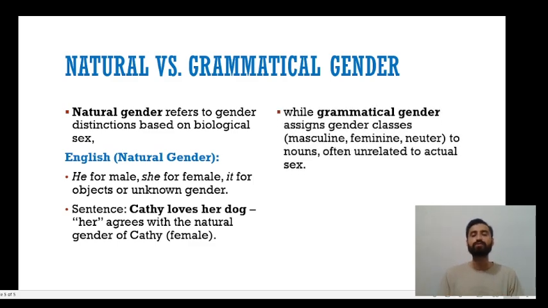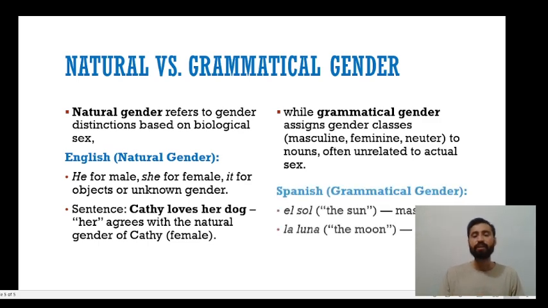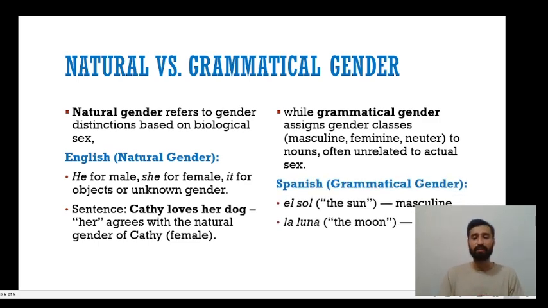When it comes to grammatical gender, it has nothing to do with biological sex. Rather, it assigns gender classes, masculine, feminine, neuter, to nouns, often unrelated to actual sex. So grammatical gender has nothing to do with biological sex; rather, nouns have been assigned these different classes. For example, take the Spanish language, which has grammatical gender. Take the sun and the moon.